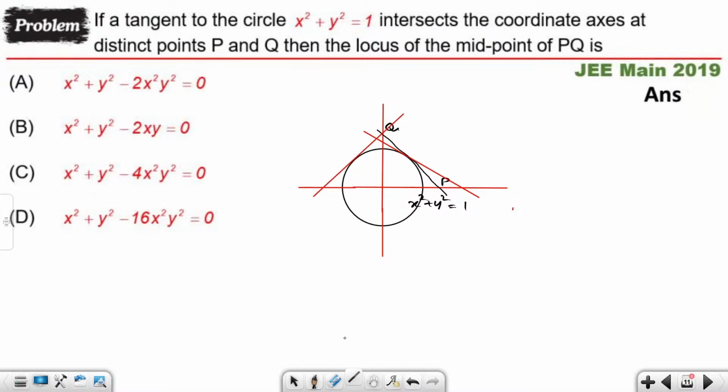So what I want to do is find the locus of the midpoint of P and Q for all those tangents. Is it clear? So how to do that? Let us say h comma k be any point on the locus.